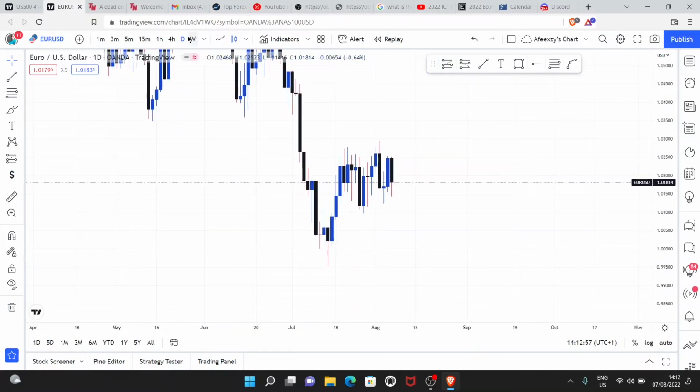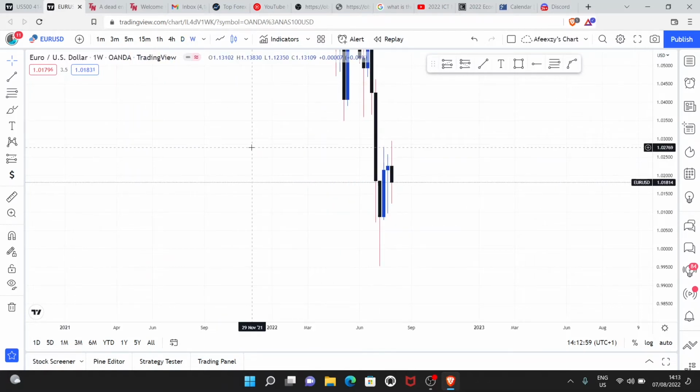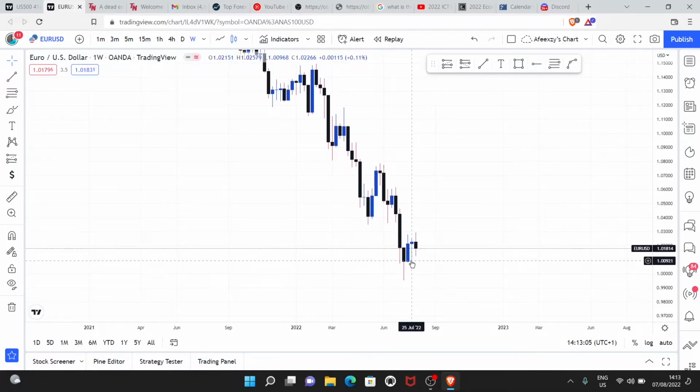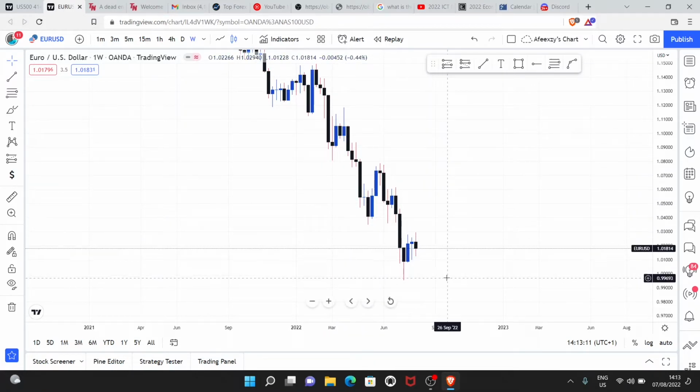On our EURUSD, on our weekly time frame, all I see is a bullish EURUSD according to the candle, but overall we are bearish on the weekly time frame.